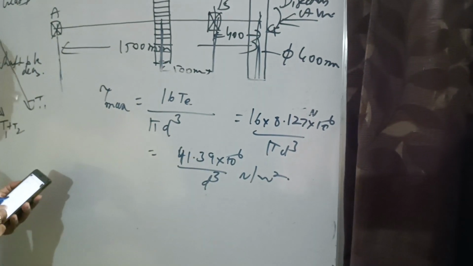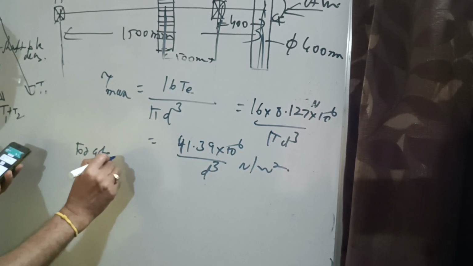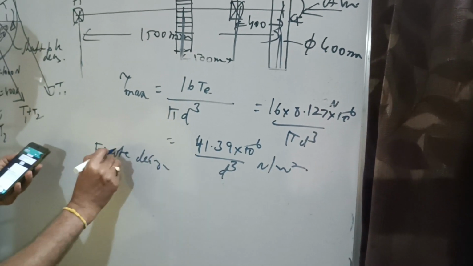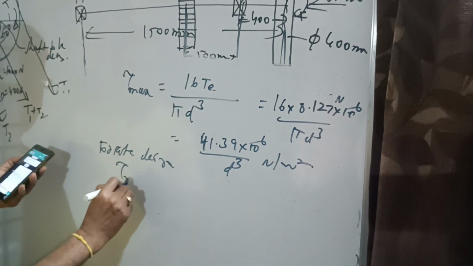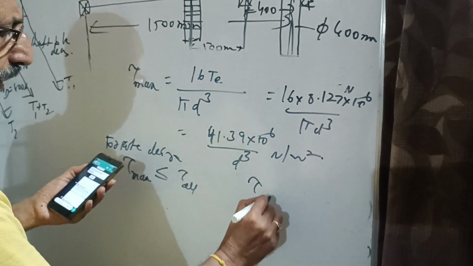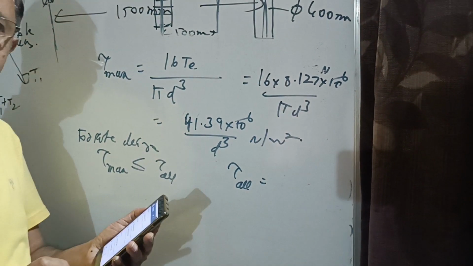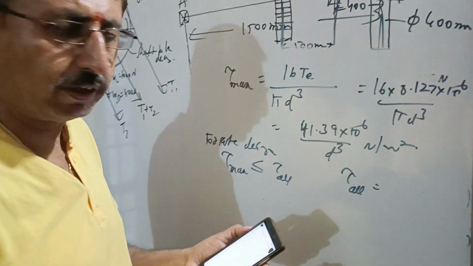Now, for safe design, tau max should be less than or equal to tau allowable. What is tau allowable here? Because this is a worksheet problem, I will share that worksheet problem with you later.